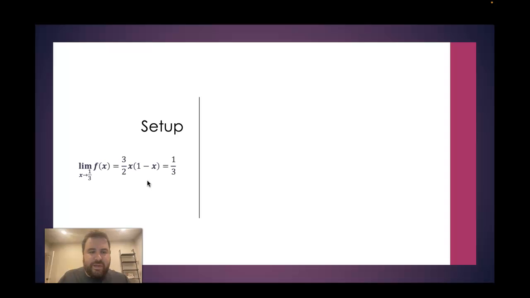All right, so here's our limit. Remember, for Delta-Epsilon proofs, epsilon is going to be the distance away from our target value on the y-axis. That's going to be the absolute value of the function, right, minus the limit of 1/3 is less than epsilon.